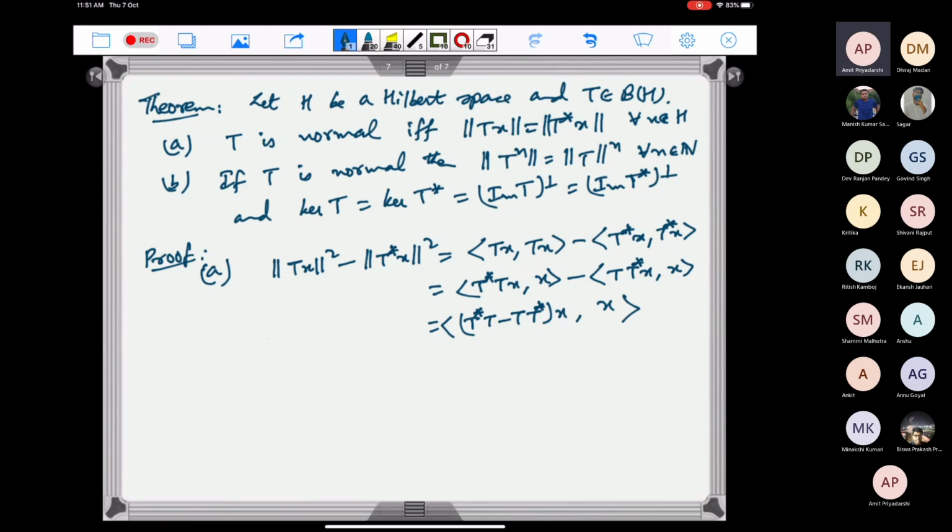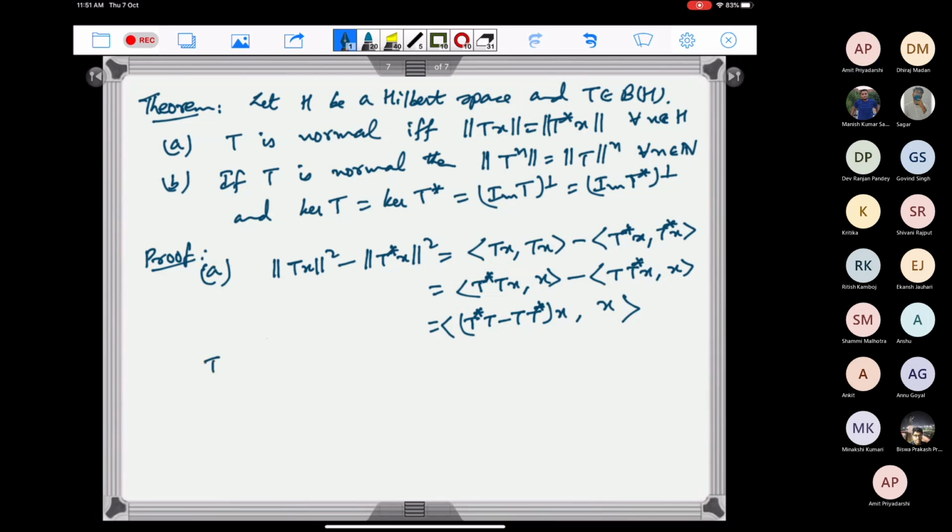So now if T is normal, then T star T is T T star. So right hand side is 0, therefore norm Tx square is equal to norm T star x square. So therefore norm Tx equal to norm T star x. So let's write.